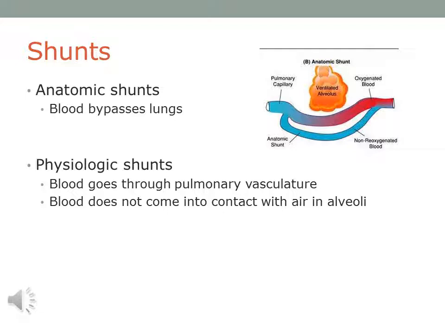Sometimes we'll get physiologic shunts whenever we've got conditions like pulmonary edema or pneumonia or atelectasis, which is the collapsing of a segment of the lung where the alveoli are filled with fluid or collapsed.